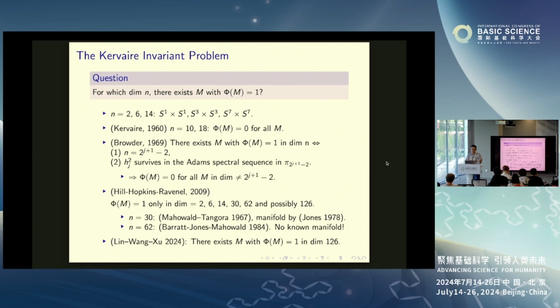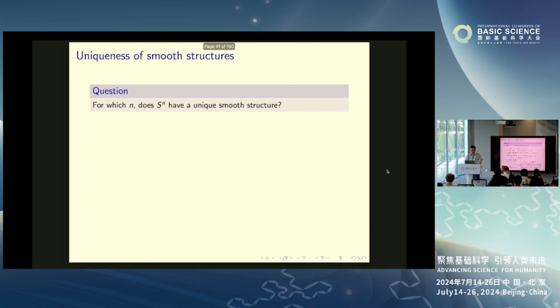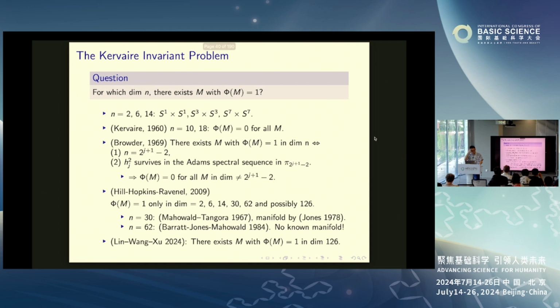The rough summary here is that in almost all dimensions, this group homomorphism is always 0, with only a few exceptions. By the way, I'm giving another talk after this one, so I will say more details about this dimension 126 story.